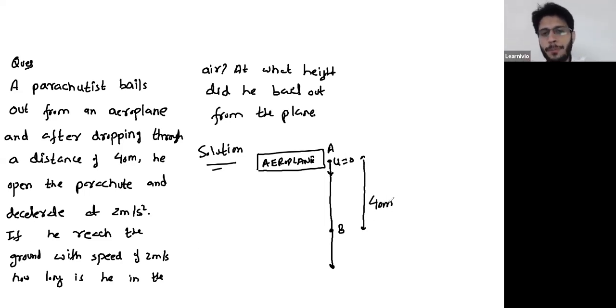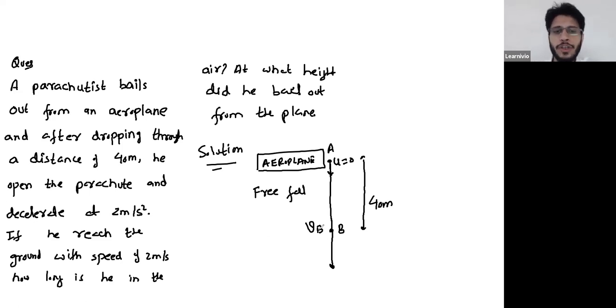He doesn't open the parachute up to this 40 meters. So up to 40 meters, you can consider this motion as free fall. Initial velocity is 0. It gains some velocity VB up to this point. After 40 meters, he opened the parachute.